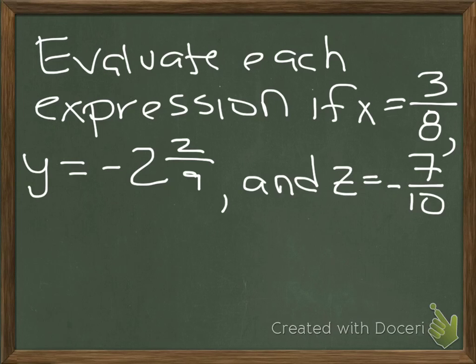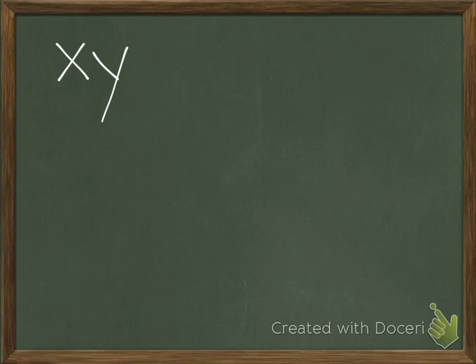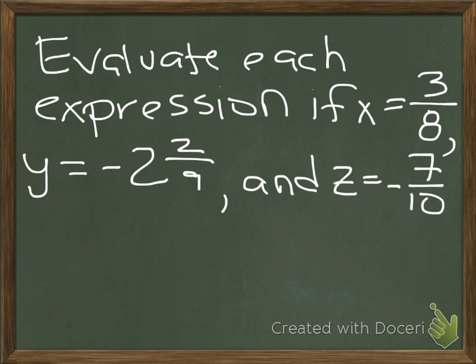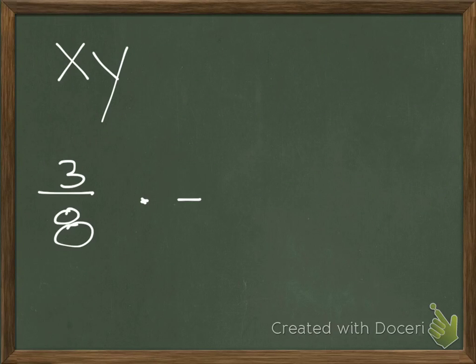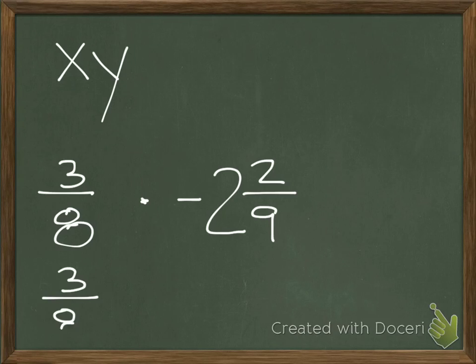Here, we're asked to evaluate the expression, and they give you the values of the variables. So the first expression is x times y. So I'm going to plug in the values first. So 3/8 is x. And negative 2 and 2/9 is y. I'm going to make the mixed number into an improper fraction before I start simplifying, because they have to be in the same form for you to do anything with them.